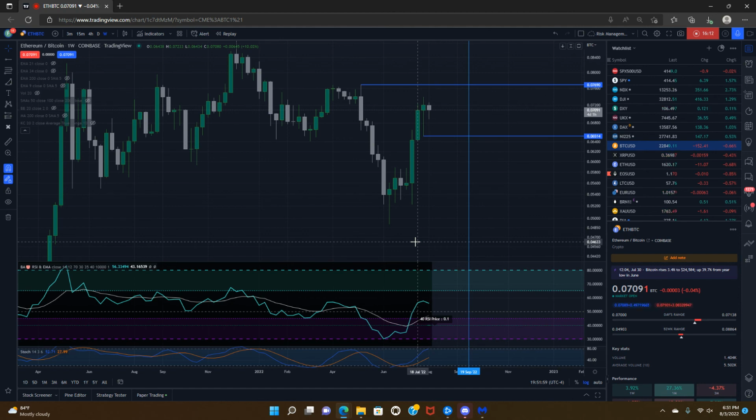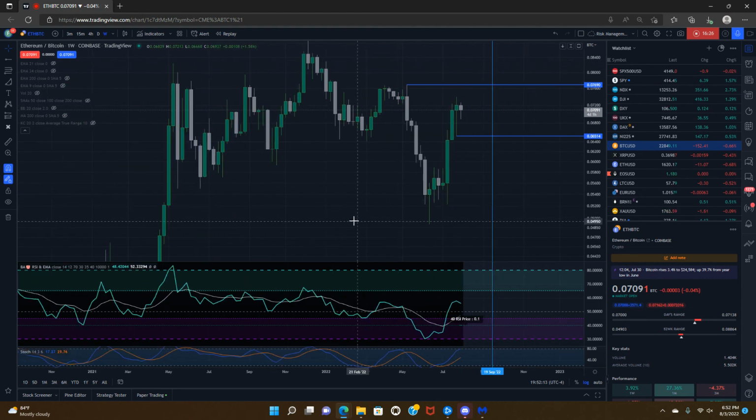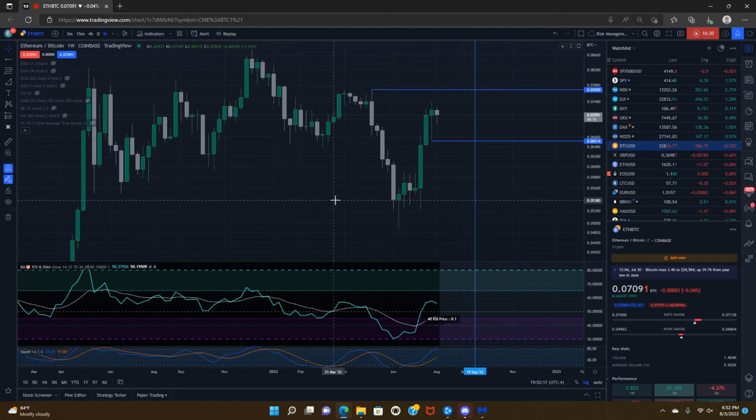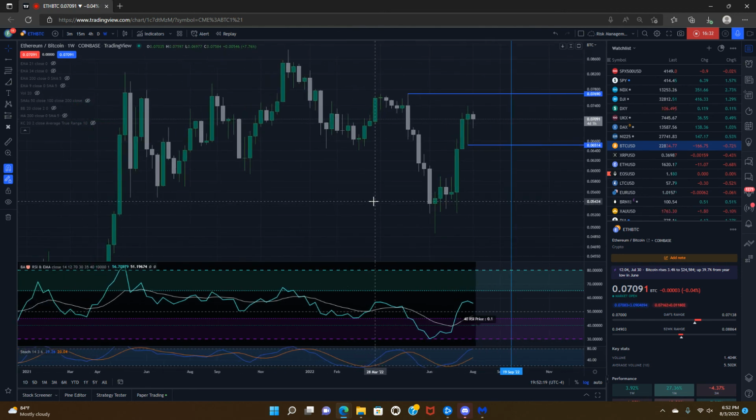But again, I do think Ethereum has incredible upside. I just don't like the current price setup that it's trading at right now with Ethereum BTC. Again, I'm looking for long-term positions to build in Ethereum, and I've got incredible patience, right?